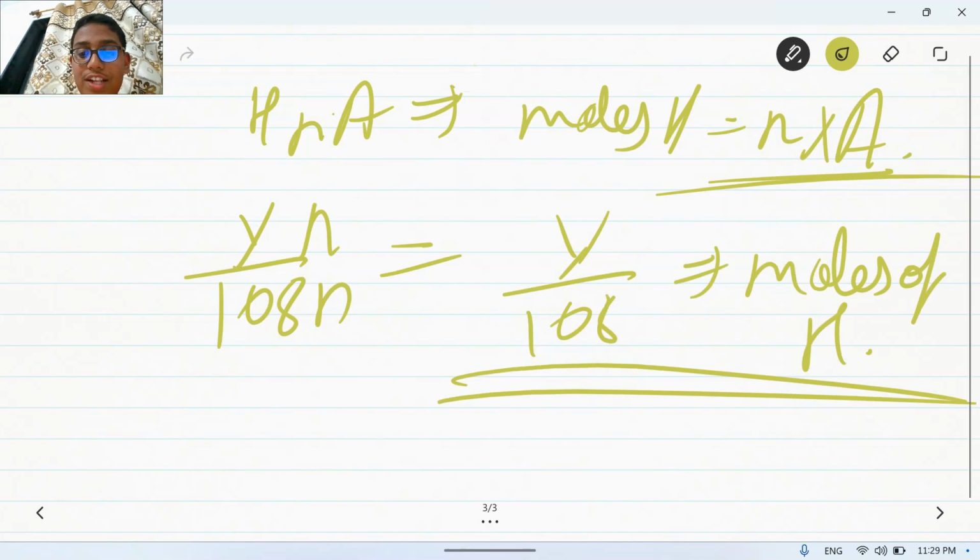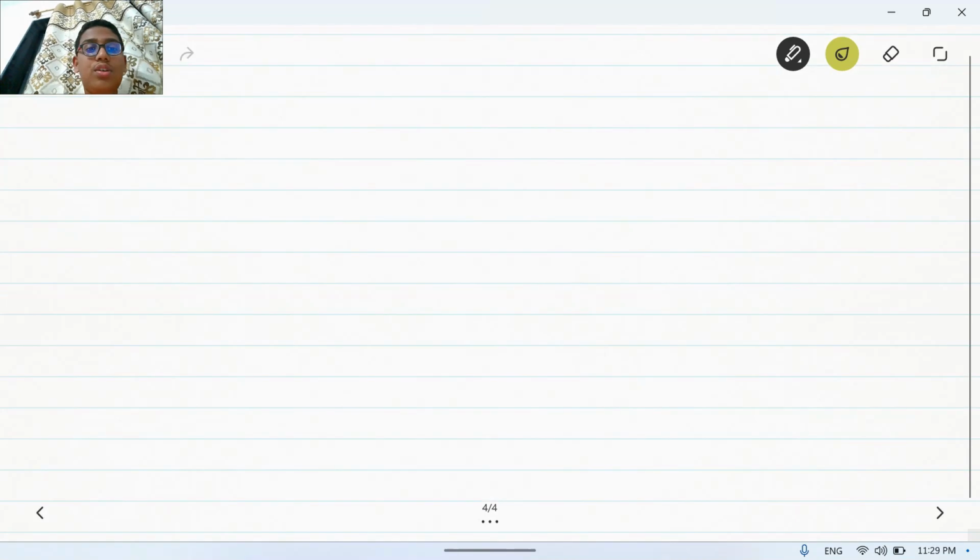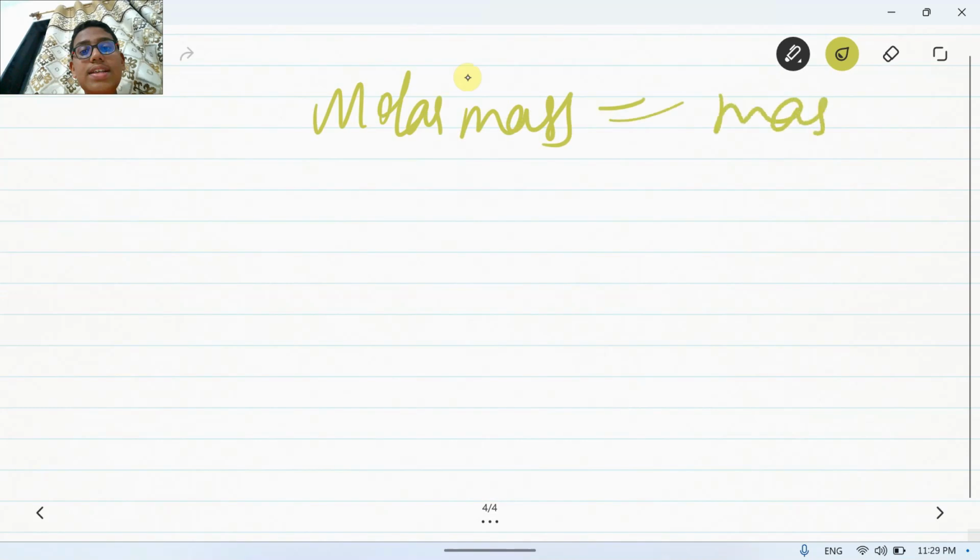Now, we have got the moles of H. So, mass of H will be moles of H multiplied by 1. We finally know that molar mass is equal to mass upon moles. So what is the mass?